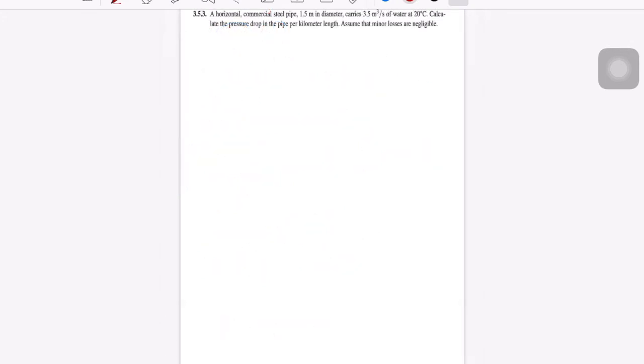For the third problem, a horizontal commercial steel pipe 1.5 meter in diameter carries 3.5 cubic meter per second of water at 20 degrees Celsius. We need to calculate the pressure drop in the pipe per kilometer length. Assume that minor losses are negligible.